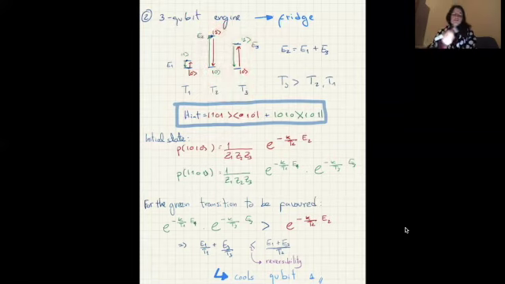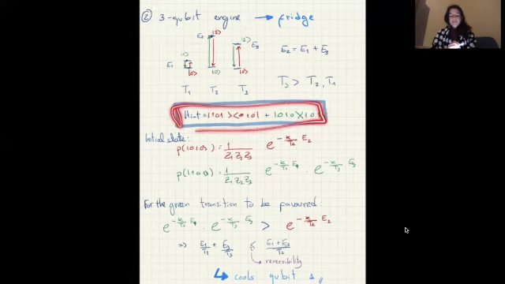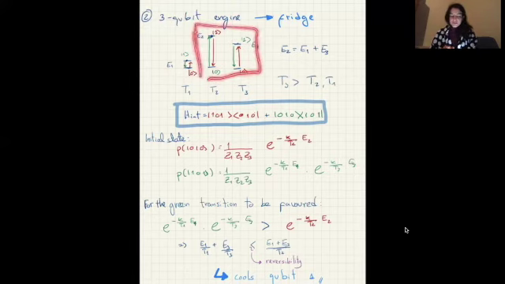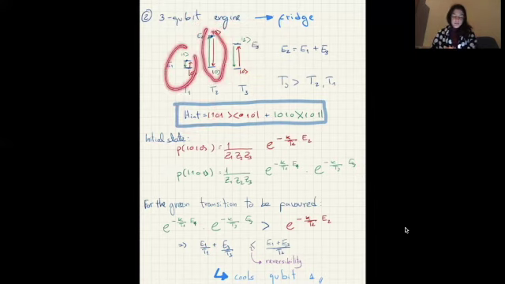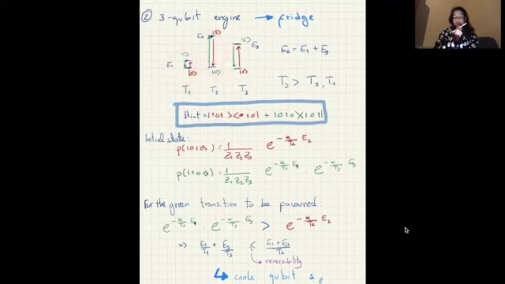So you can think of it like, I turn on this interaction, then I stop the engine, I reset this state, then I turn it on again, then I stop it, then I reset this state. Okay, but in reality, that's not what we do. We'll just always have these couplings running and always have this interaction running. So if this is the case, but this one is not coupled to anything, what this engine is doing is cooling down this system, right?